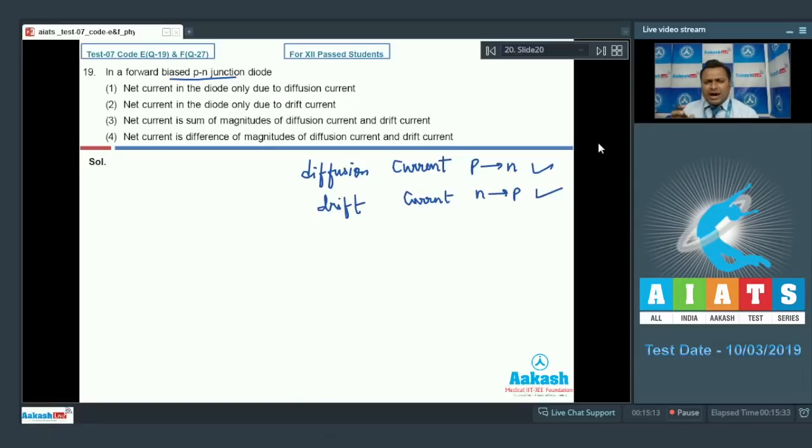So we can say that this diffusion and this drift current, they are flowing opposite to each other. Now, in case of unbiased condition and at steady state, the diffusion current equals the drift current in magnitude and opposite in direction. So that's why I net will be 0 in case of unbiased condition.